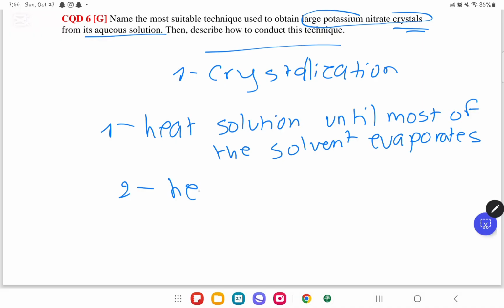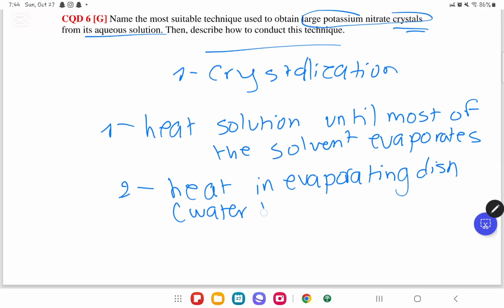So heat in evaporating dish, okay? But we heat it using a water bath, because if you're using, for example, alcohol can be flammable, so that's why they say use a water bath.